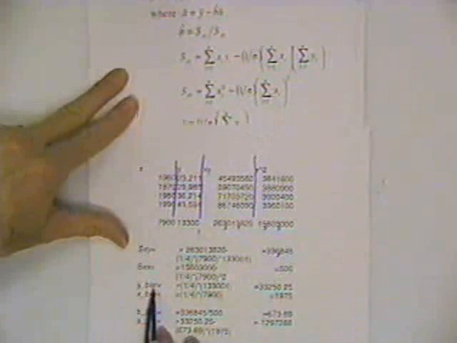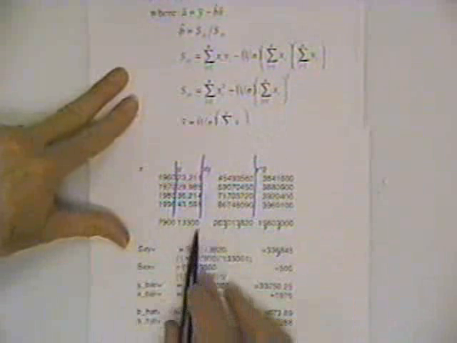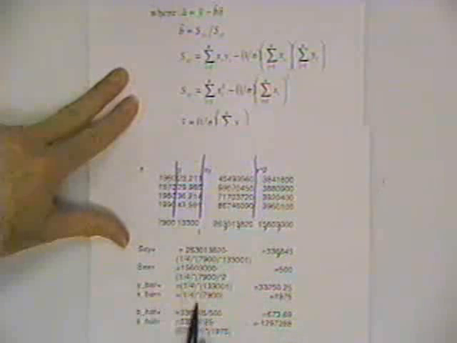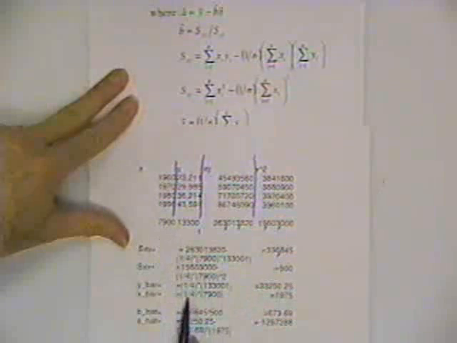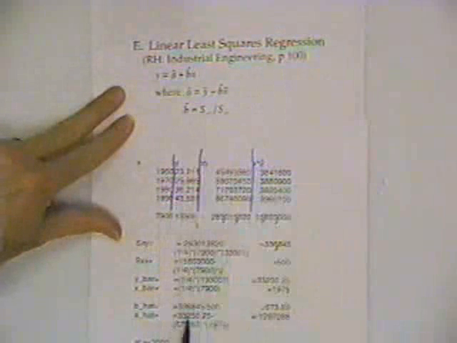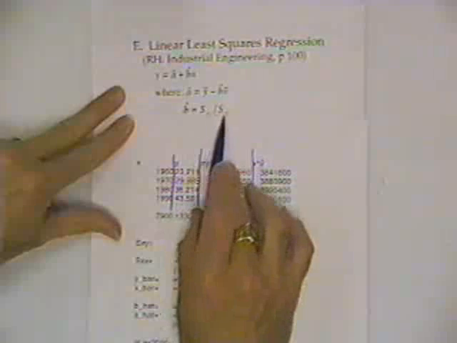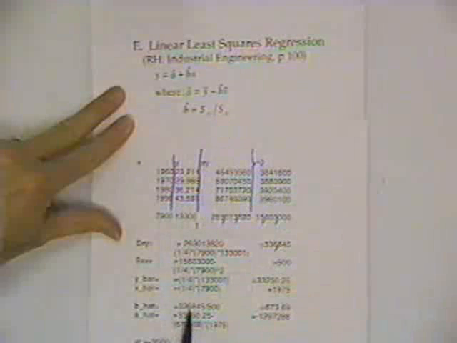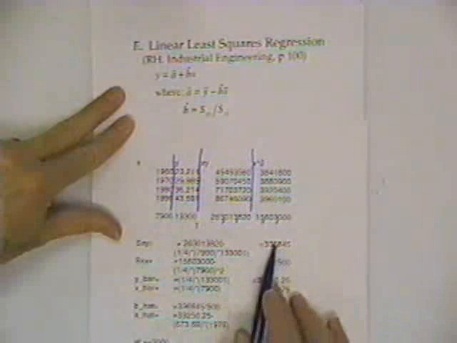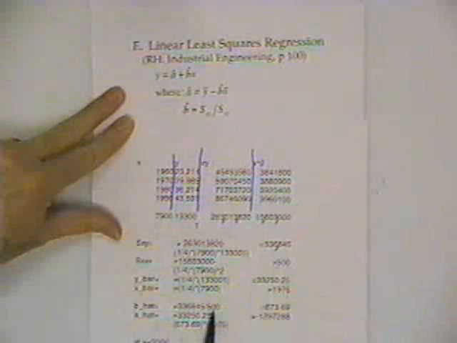Then calculate Y bar, the average, which is the summation of the Y's divided by the number of data points. Get the average X, the summation of X divided by the number of data points, 4. You get 1975. Then you can calculate B hat, the slope of the linear function, as S sub XY divided by S sub XX, which you calculate as that number.